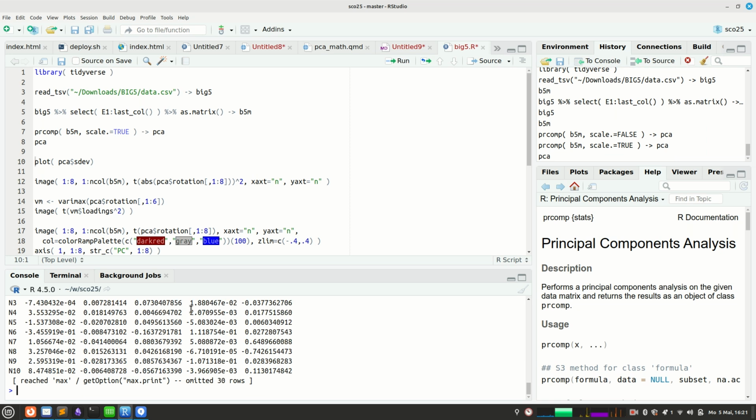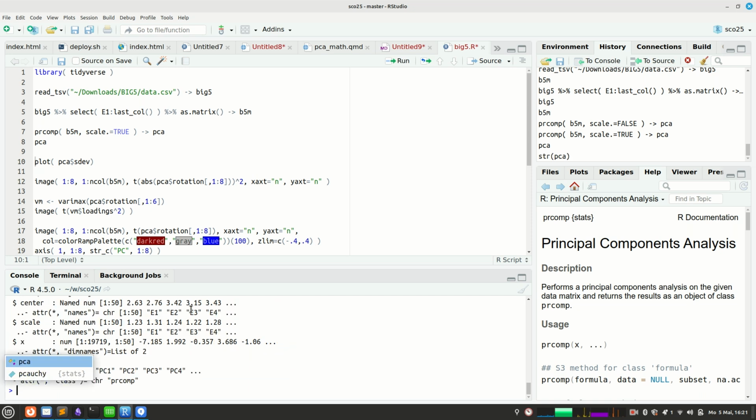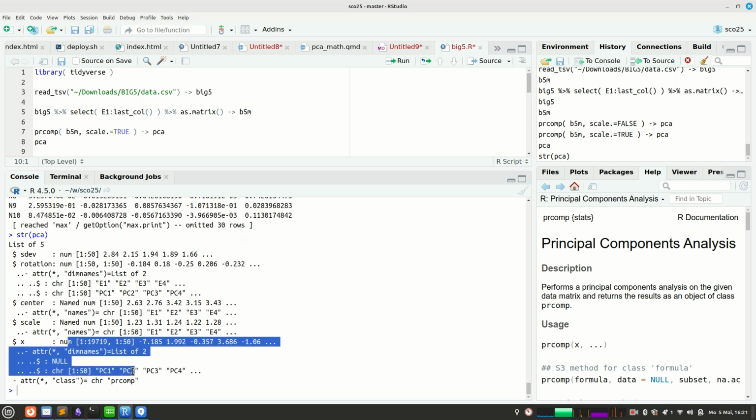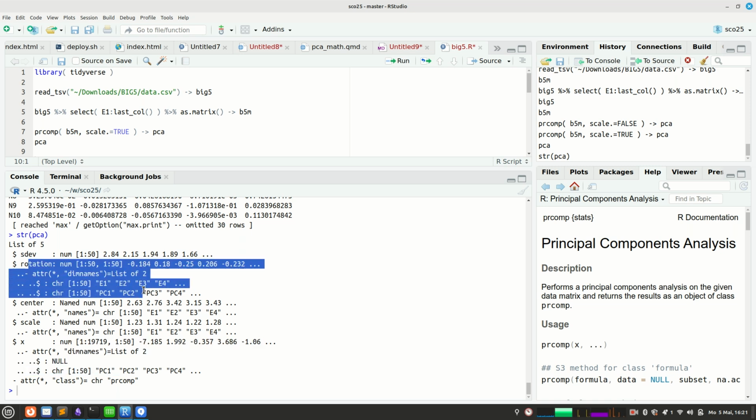And what it gives out as a PCA is this here. In center are all the averages which it has subtracted. In scale are the values by which it has divided them afterwards to bring them all onto the same standard deviation. SDEV, these are the eigenvalues. And when we have these two things here, the X matrix is the result of a projection, and the rotation is the one which rotates us from our S, which, as you might remember, sits in a slanted way in the big space.